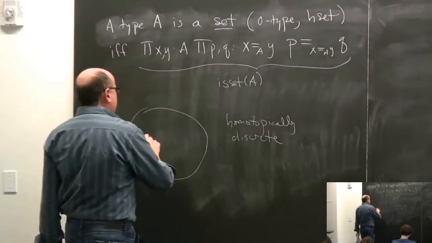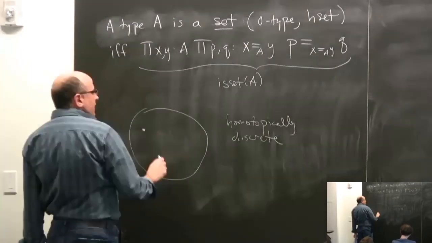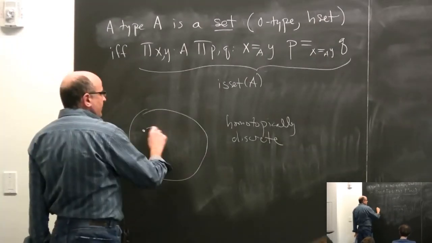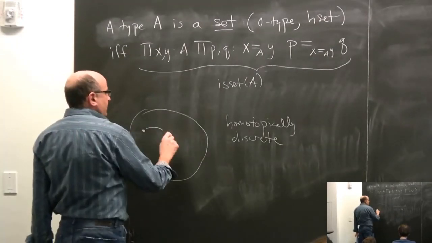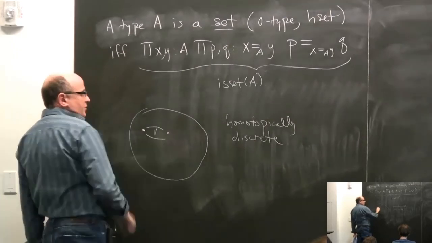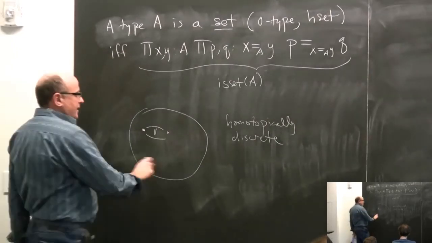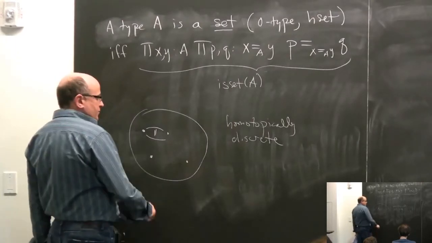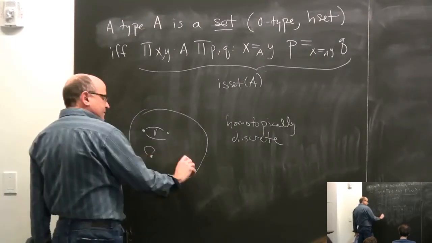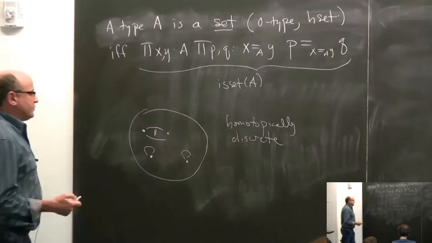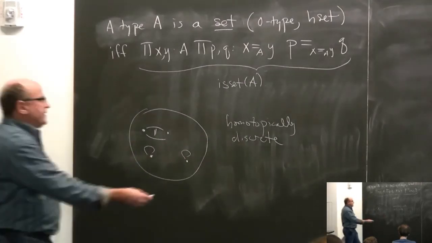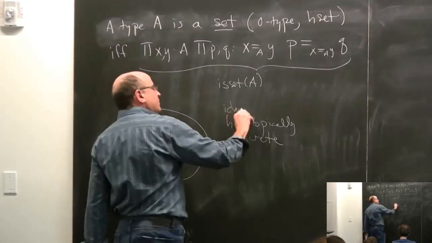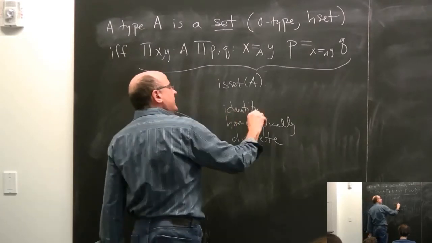So what we said here is it's homotopically discrete, meaning that up to higher homotopy, if you have two equations between them, those things are in fact equal. Maybe these elements are all by themselves, okay? Who knows. And everybody has reflexivities, and that's what I mean by the identity type, the path, the identities.